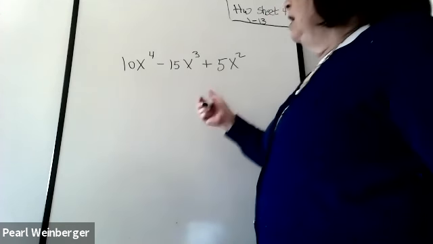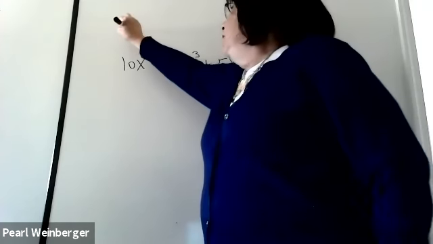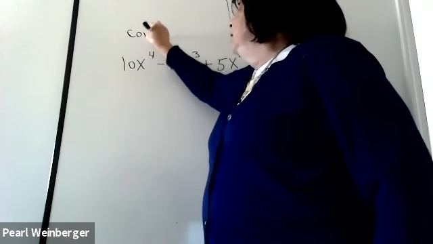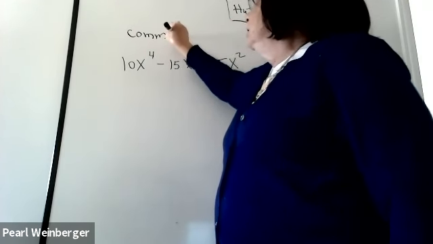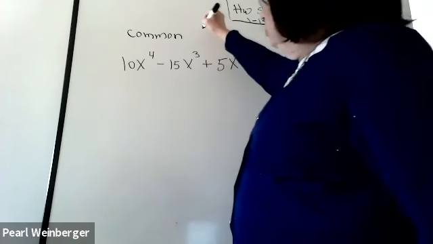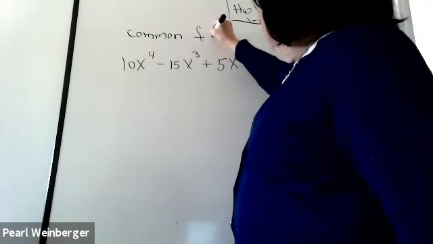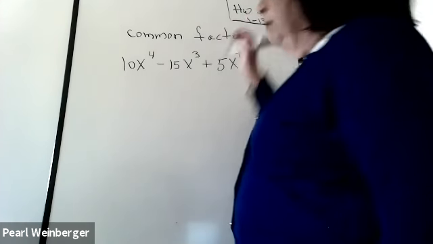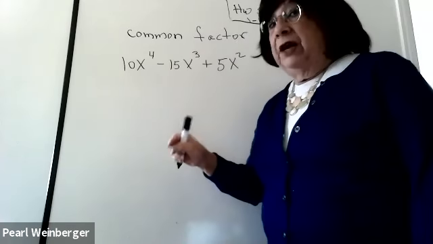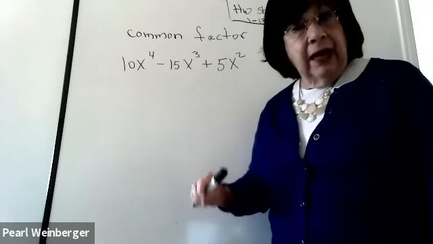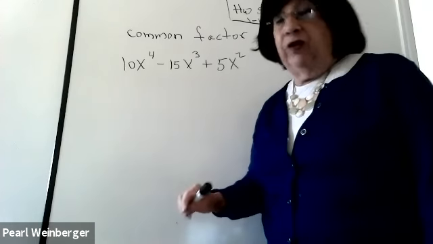The first type of factoring we look for, and it's always going to be our first step, is something called a common factor. Sometimes it's a common monomial factor, that's the most common. We'll even sometimes have common binomial factors.